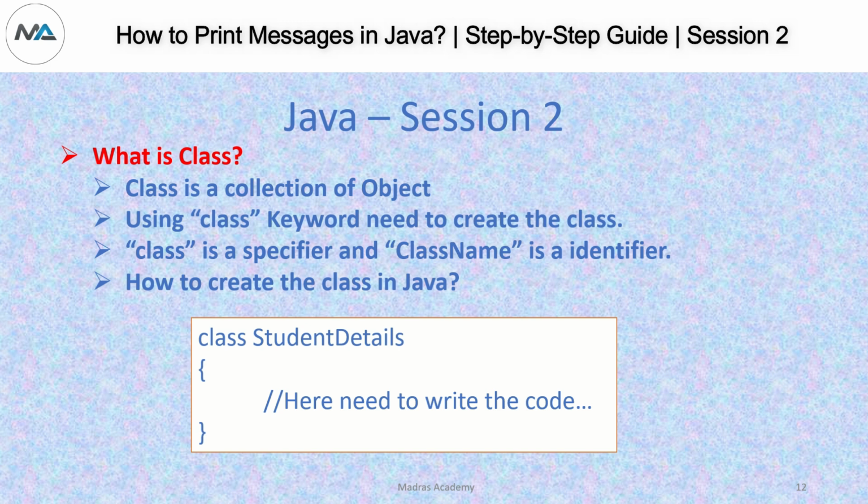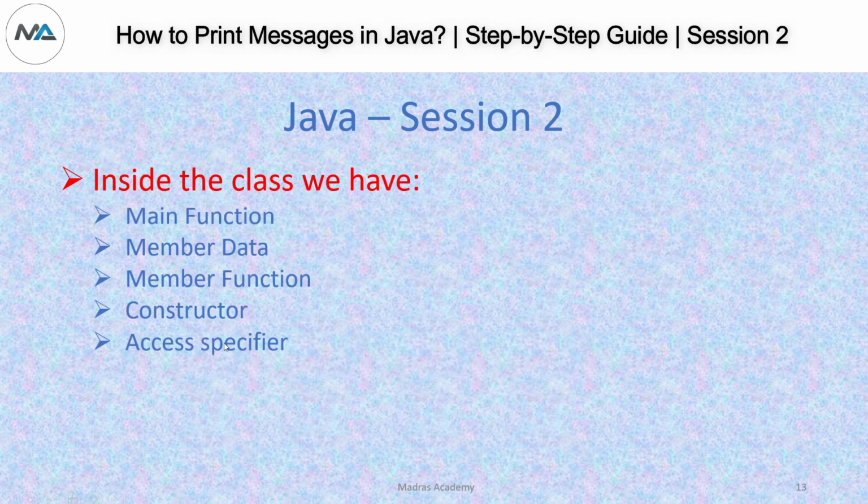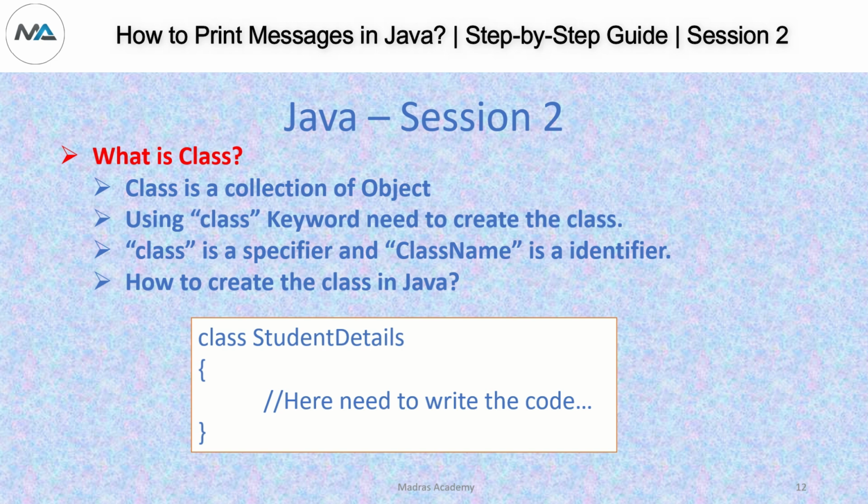For example, if it is addition, we can give Addition, Subtraction, Multiplication, like that you can write the class name. If I write any class name, the first character we have to write in uppercase, not in lowercase. That means how we write our name, the first letter is a capital letter and after that we write small letters, right?